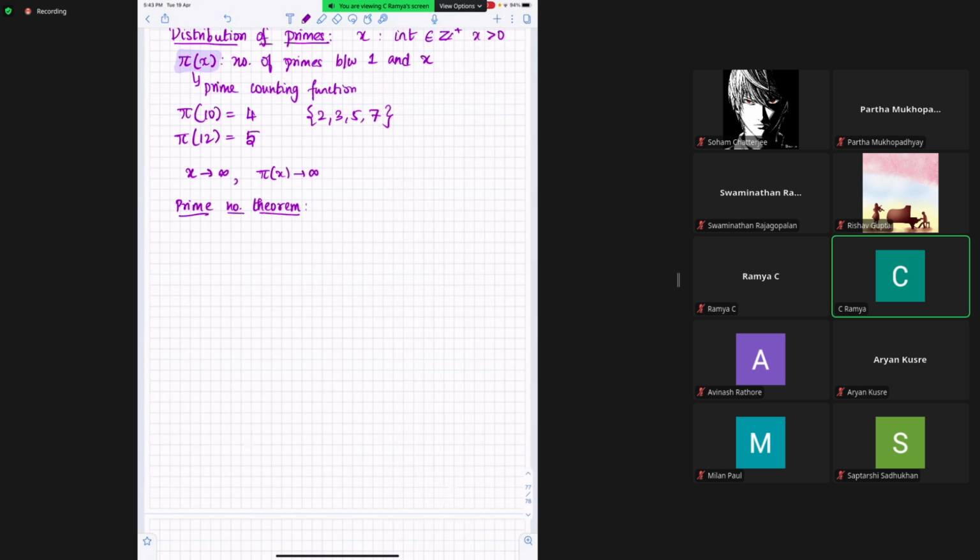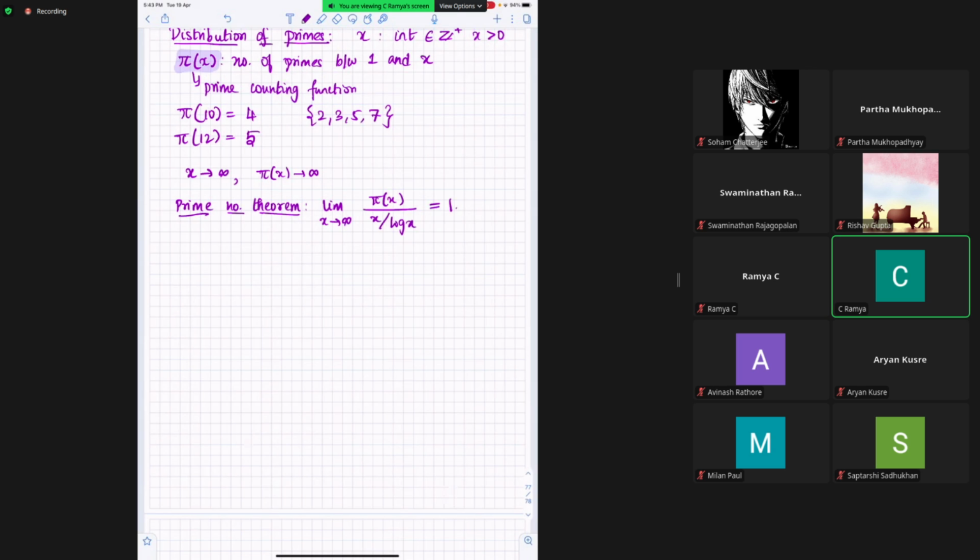If you haven't seen this, here is the answer. It's roughly x by log x. So it's roughly that many primes.